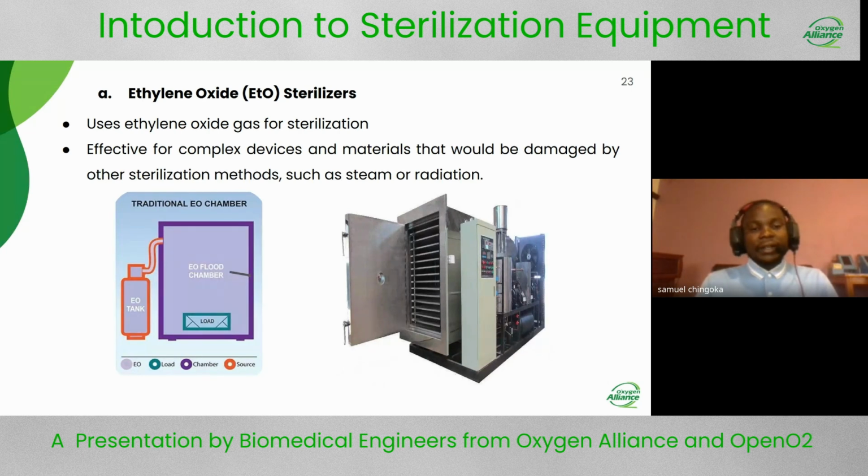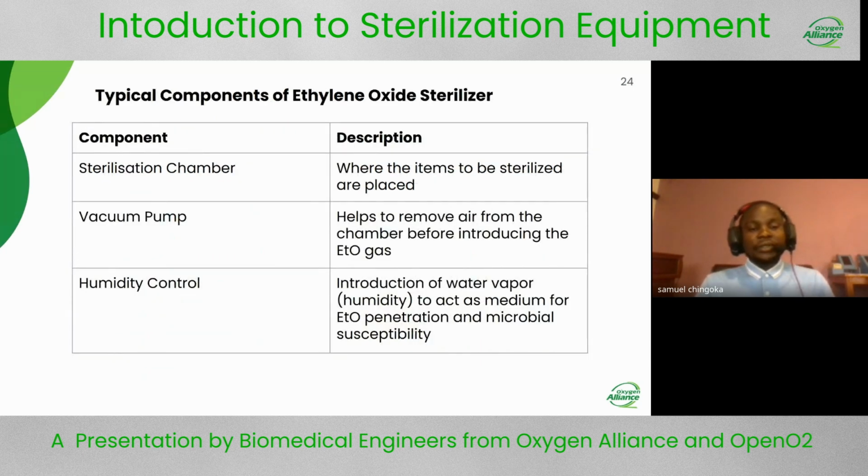Next is our picture that shows the real ethylene oxide sterilizer. Under the components, we have a sterilization chamber where we place the products that we want to sterilize. We also have a vacuum pump where we remove air before we introduce the gas.